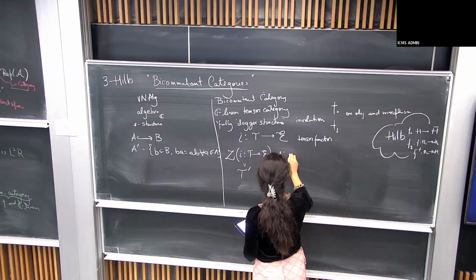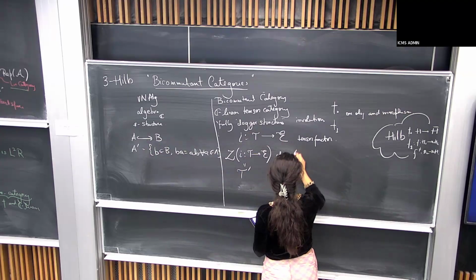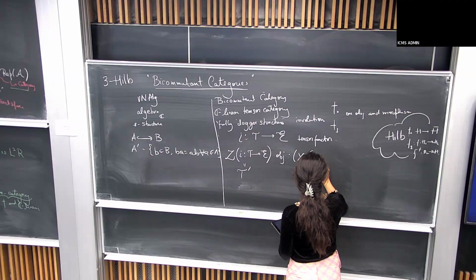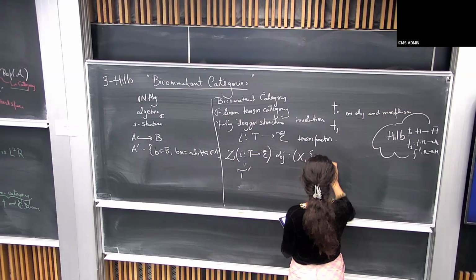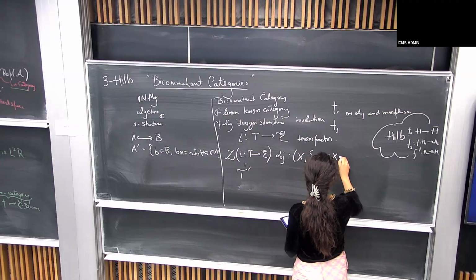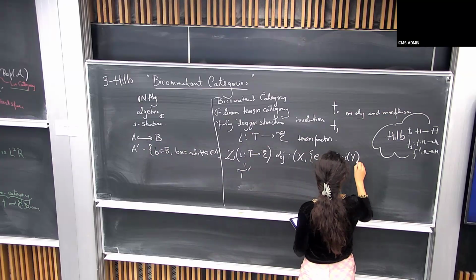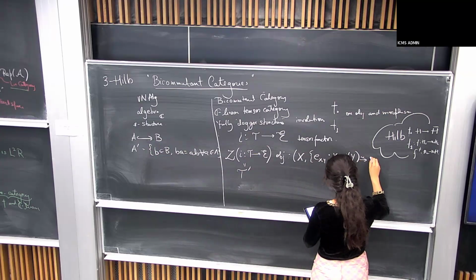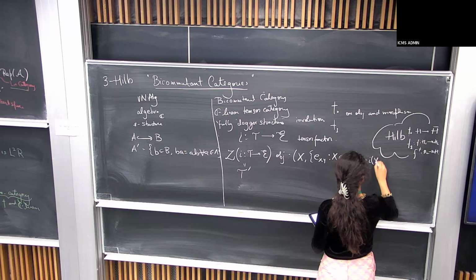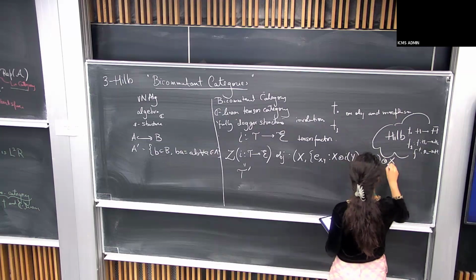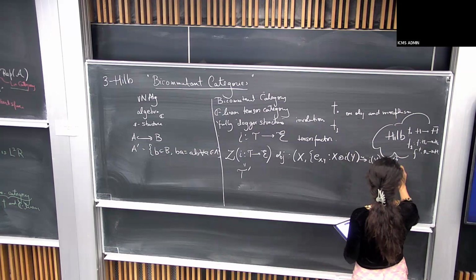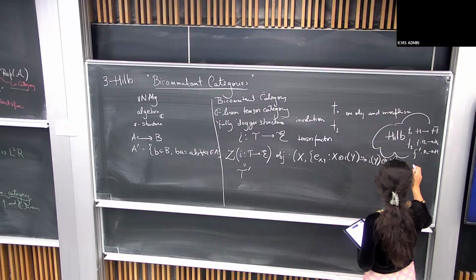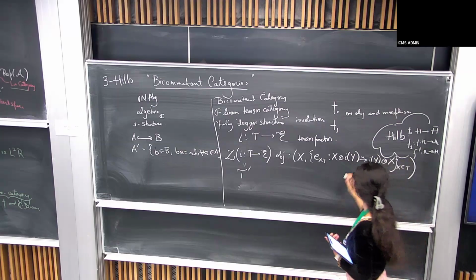Objects of this category are pairs X comma e_{X,Y}, which is this half braiding, X tensor Y to Y tensor X, for all X in T. So this is data.